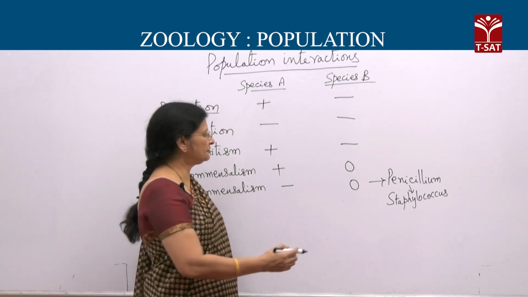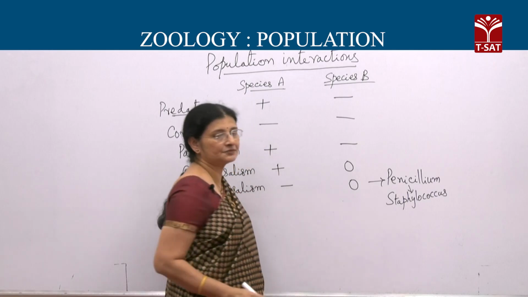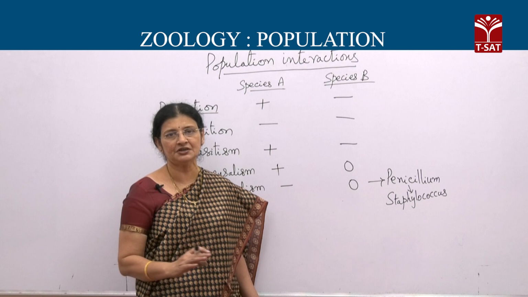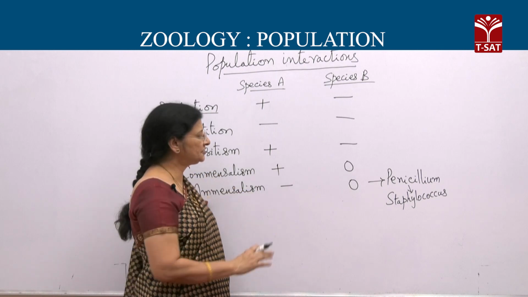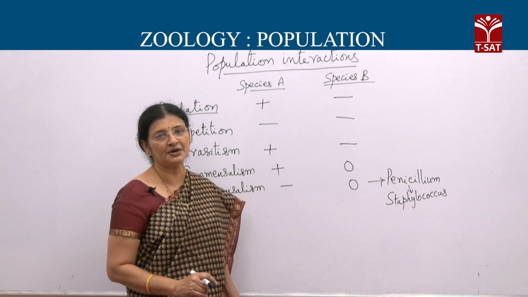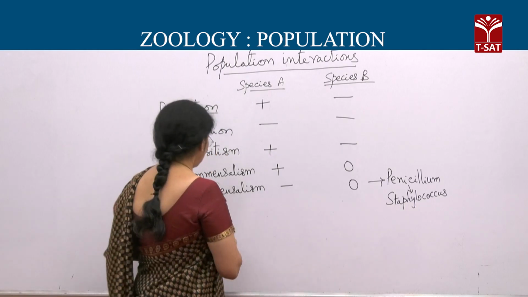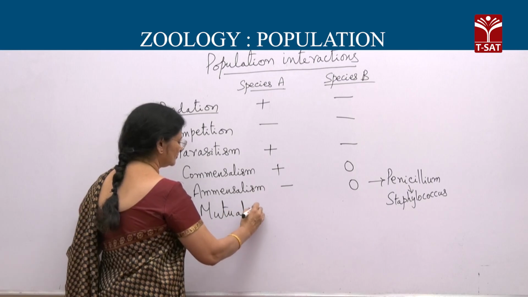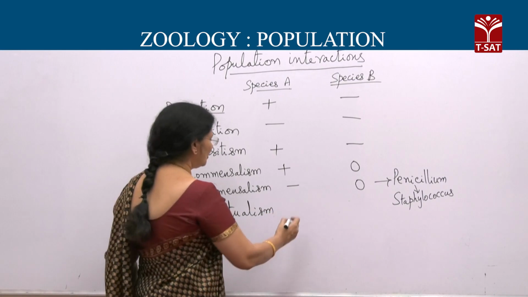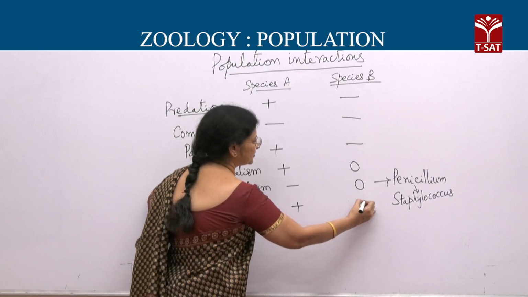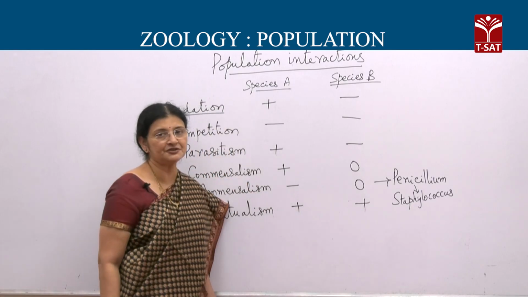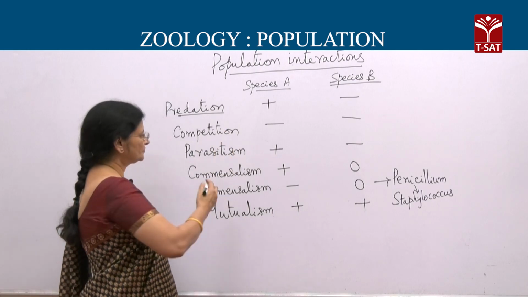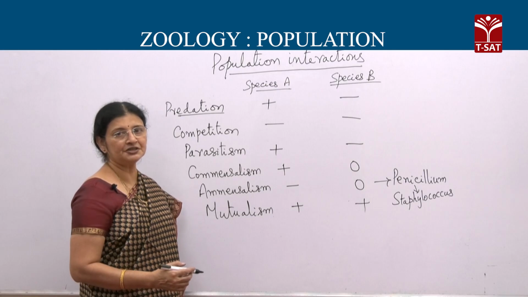So here Staphylococcus is getting harmed, but Penicillium is unaffected, neither benefited nor harmed. This we can take as an example for amensalism. Then mutualism. In mutualism, both the species get benefited. It is a mutually beneficial relationship. These are some of the associations we find in nature.